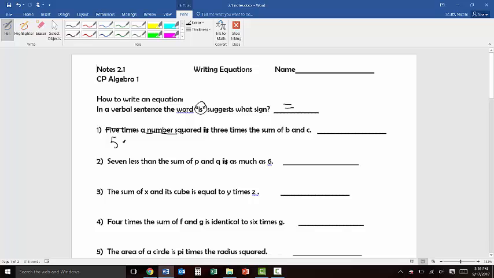So I'm going to write 5 times a number squared. In this case, I'll use n squared. I see "is," so I'm going to write equals, and then I'm going to write 3 times, the sum of b and c, so we're going to do parentheses with an addition symbol for sum, and then I'll fill in b plus c.